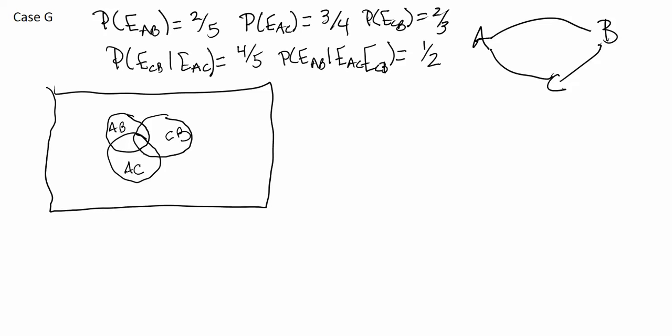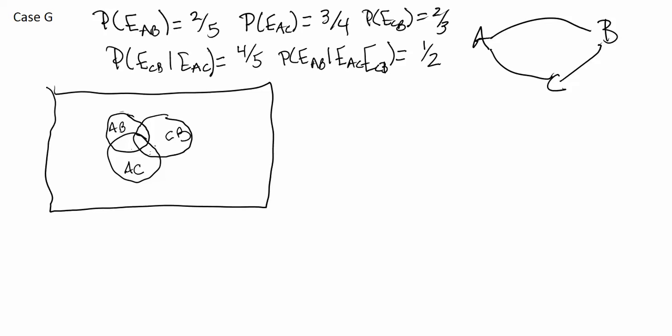Basically that means we would be getting to the destination of B if we're in either the circle AB or in the intersection of AC and CB, this area here that I'm indicating with my pen tabs. So we need to now figure out all these different probabilities.